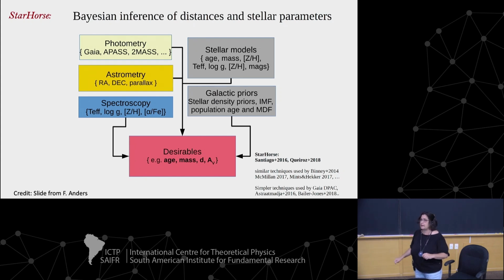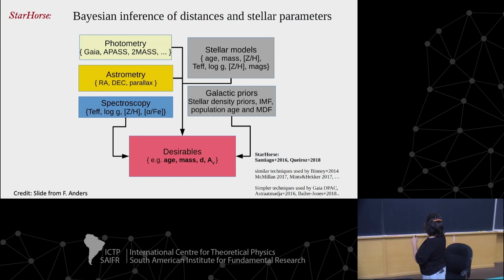That was my goal, okay? So we applied our spectrophotometric code first in spectroscopic surveys. For example, we were the first to produce distances for the SEGUE stars in Sloan, right, with the spectrophotometric code. And we were preparing this. After, the code got the name StarHorse, which was the name given by my ex-PhD students, Friedrich Anders and Anna Queiroz, who just finished the PhD as well.